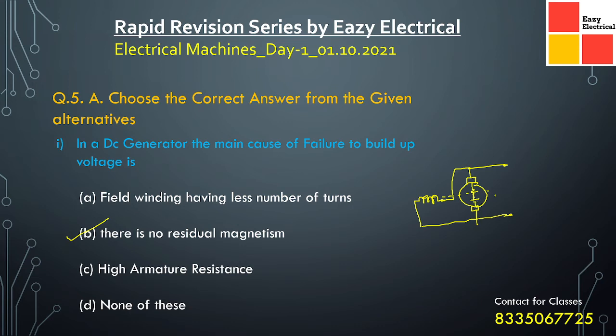In return, this 1 or 2 volts generated in the armature circuit will drive current through the field, and the field will build up one after the other. As the current increases, the field again increases. So residual magnetism is the fundamental point based on which the voltage buildup takes place.